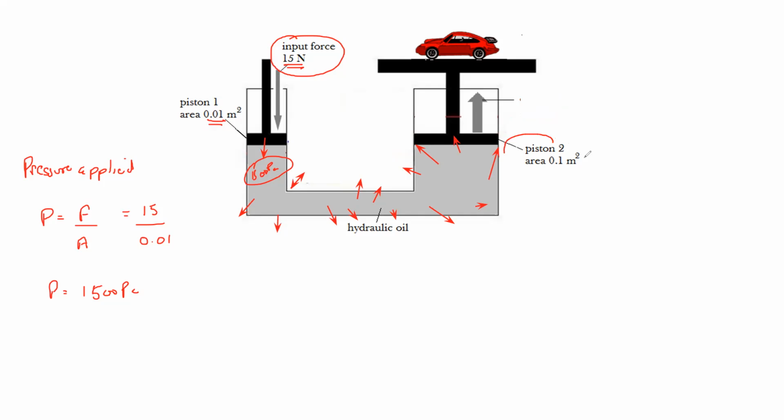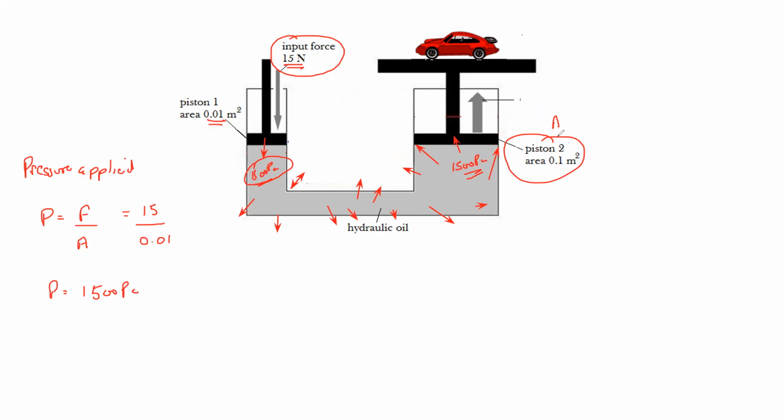It is 0.1. And we know, according to Pascal principle, if pressure is applied on the liquid it will apply the same pressure in all directions. So how much is the pressure on this side? It will be 1500 Pascal.